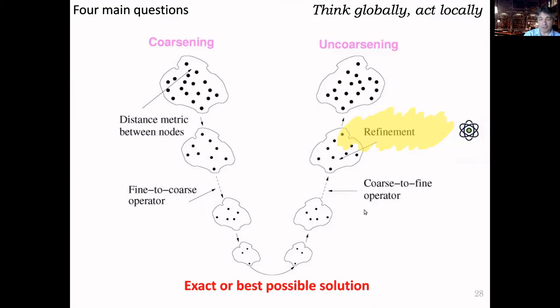Because unlike in the classical local search, at the coarse levels, we don't operate in the mode of one variable at a time. We operate on groups of variables. And that's precisely what makes the multi-level frameworks so attractive.